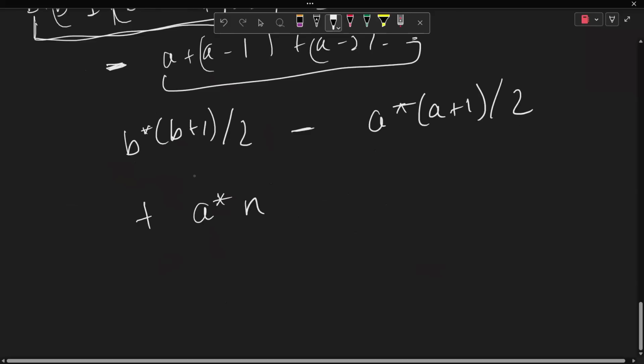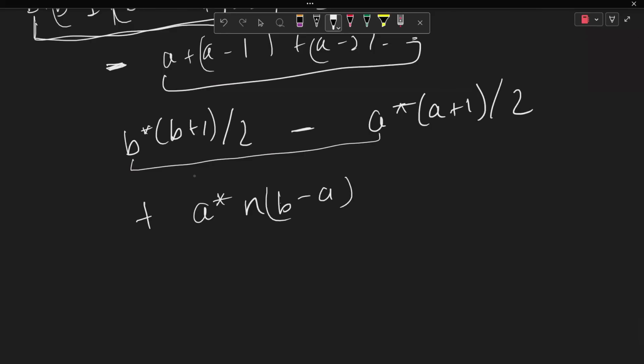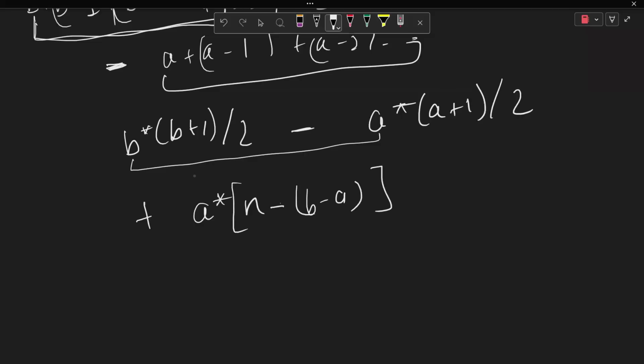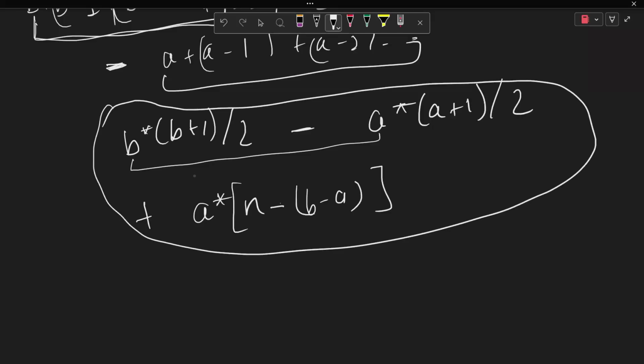We had to take n elements, and B minus A elements are already done. So n minus (B minus A) elements are remaining. So this would be our formula. You can just derive this formula and write it down. This would be our maximum profit we can get.